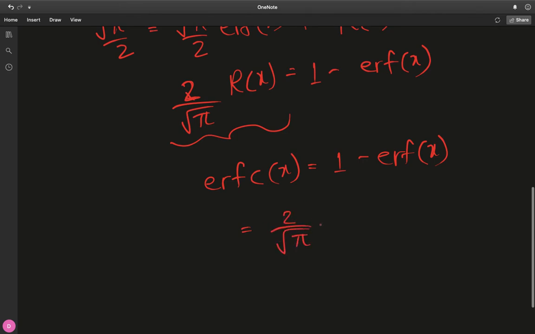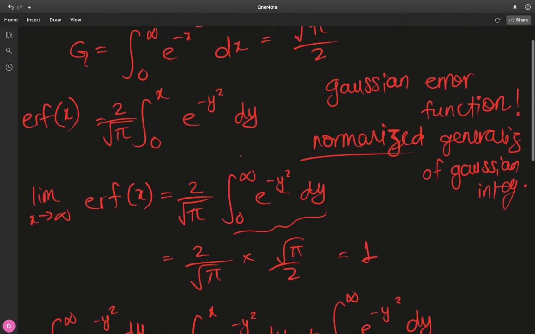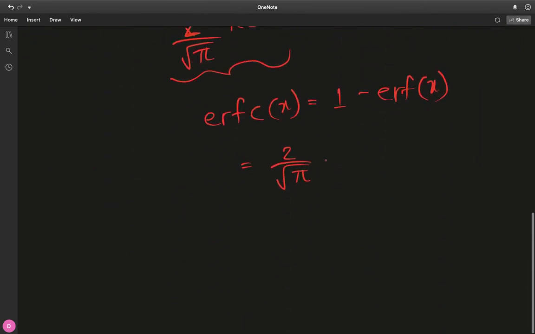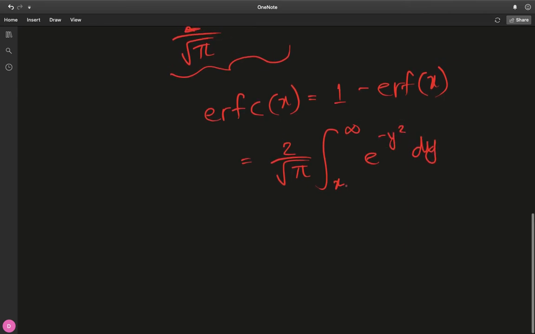This is the normalization factor, just like we had for the Gaussian error function, times the integral from x to infinity of e raised to negative y squared dy. That's your Gaussian complementary error function.